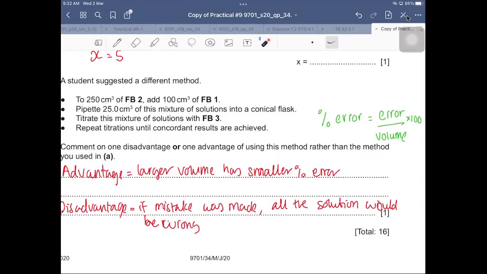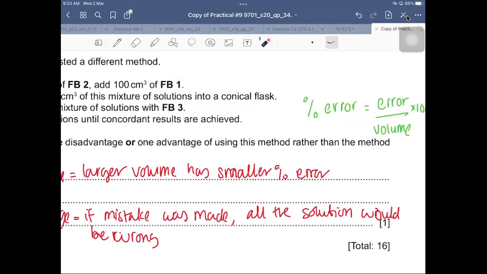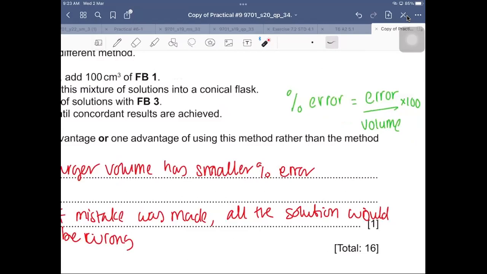But if this was for industrial, commercial purposes, of course, they will use big volumes because the error is also reduced. Okay? So this percentage error, you need to learn the formula or how to calculate. The error is usually associated with half of the smallest reading of your apparatus. Okay?